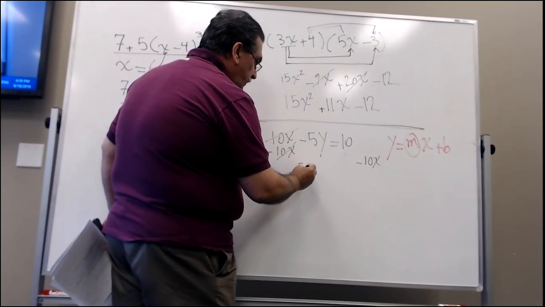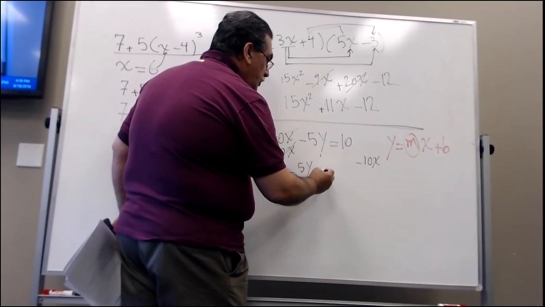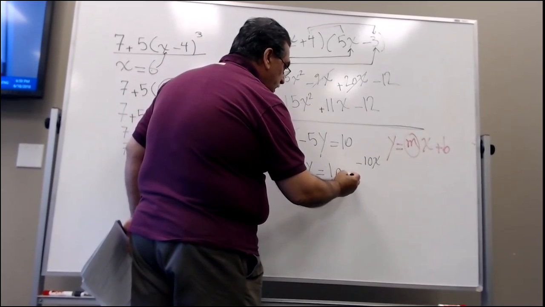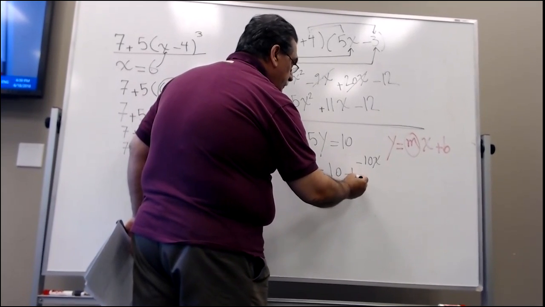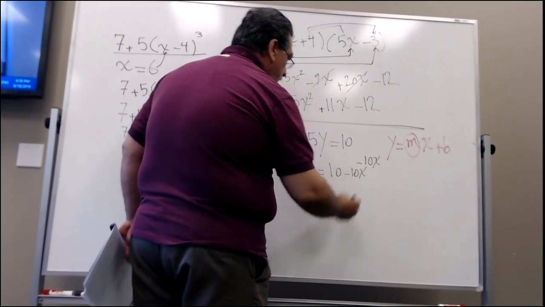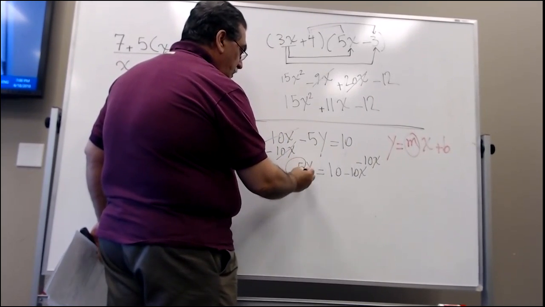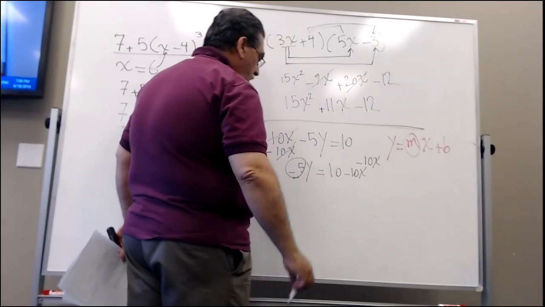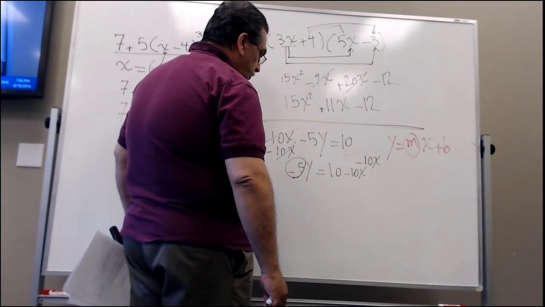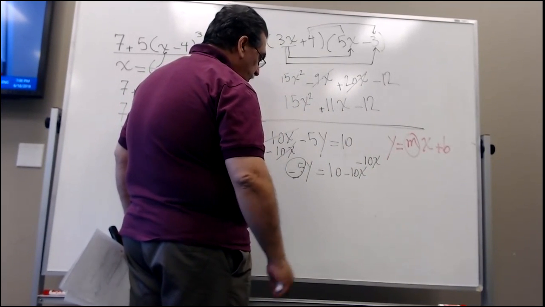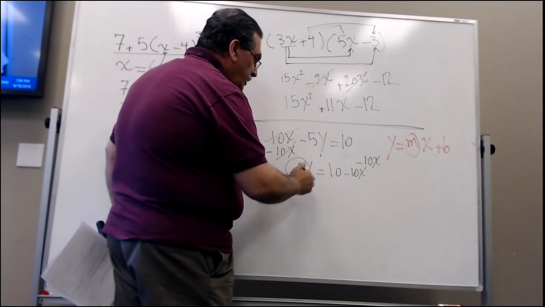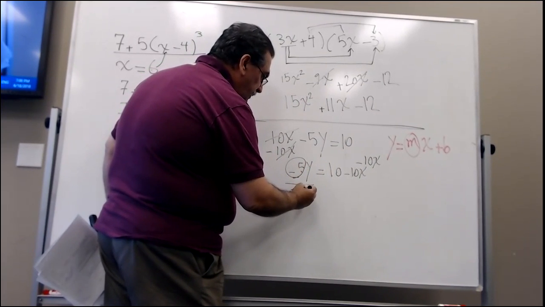So I get minus 5y equal to 10 minus 10x. Then I need to get rid of this minus 5 because there is no coefficient over there. So I divide both sides by minus 5.